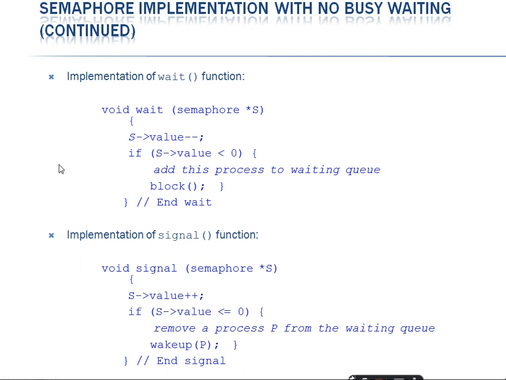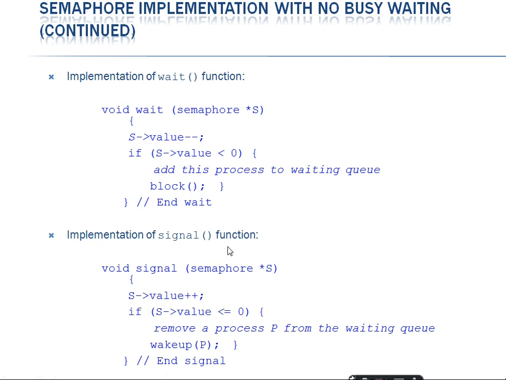Now see, this is the code for the wait operation, the wait function. Void wait, semaphore S, where the S value is decremented. If the S value is less than 0, then add this process to the waiting queue and block itself.